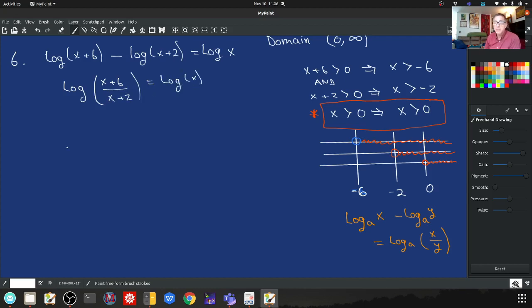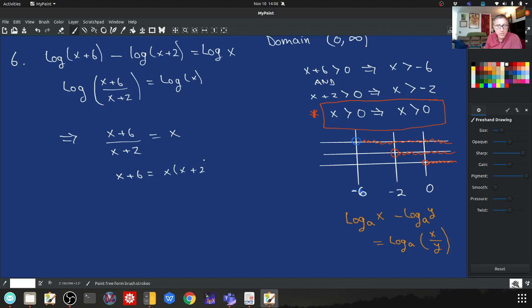So now I'm going to use the fact that logs are one-to-one functions. So this implies x plus 6 over x plus 2 is equal to x. So what do I do? I multiply both sides by x plus 2 to clear the denominator.